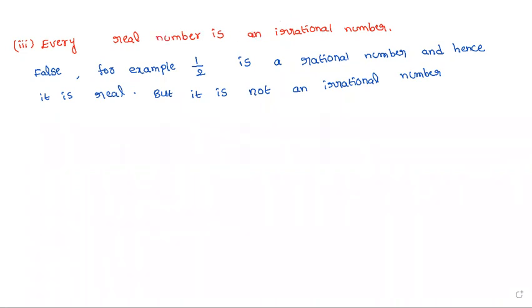Okay, write down the question. Are the square roots of all positive integers irrational?